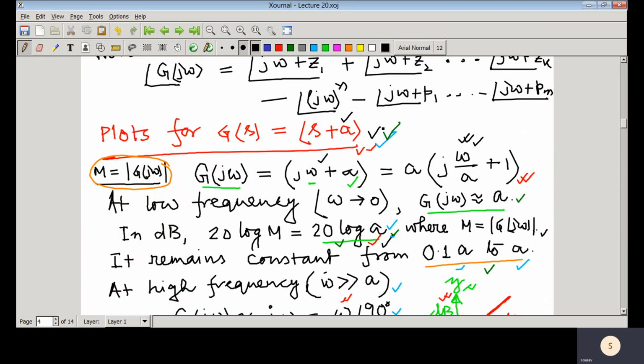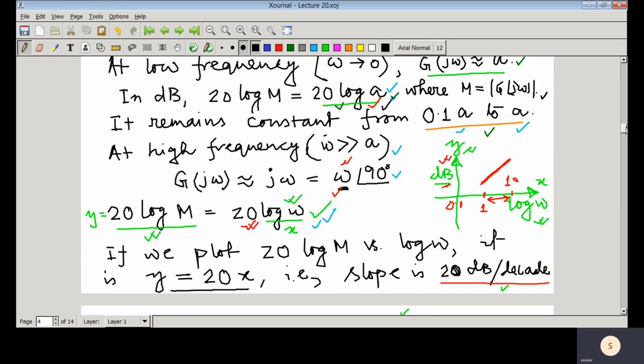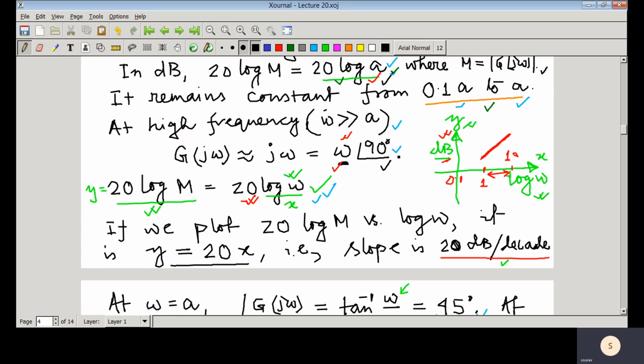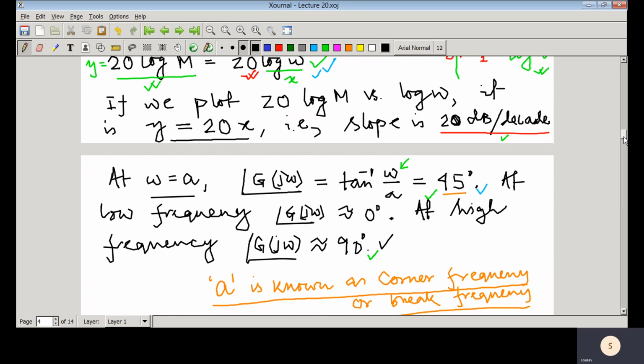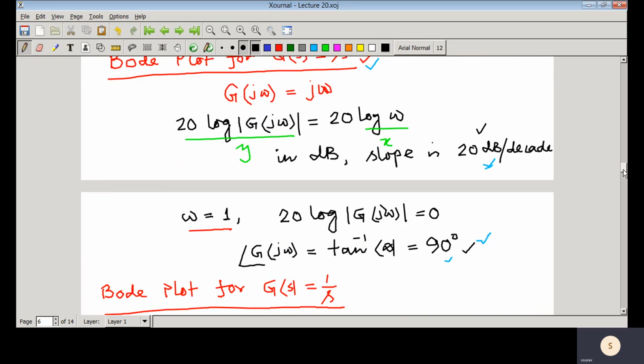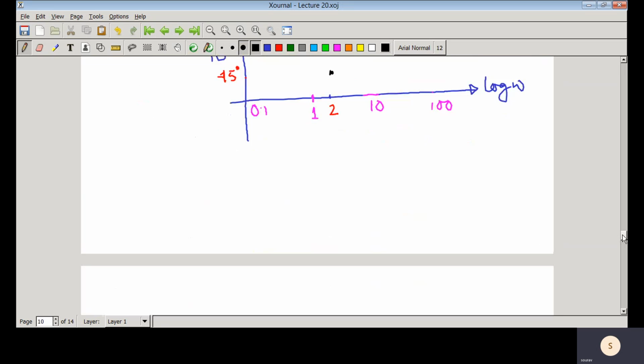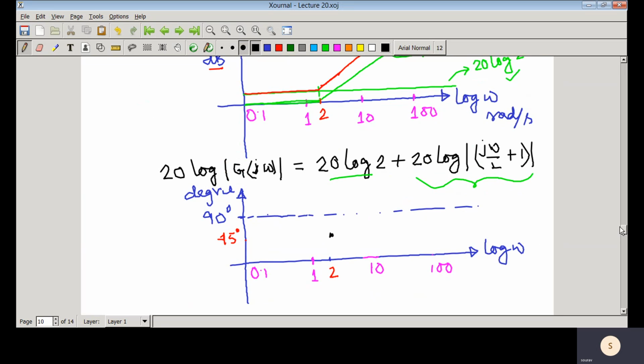Whenever we have s plus a, at high frequency it would be 90 degree, and when frequency equals a, that means in that case omega equal to 2, the angle is 45 degree, and the slope is actually 45 degree per decade. So whenever we draw the phase, we take one point that is 1 decade below this corner frequency and 1 decade above that corner frequency.